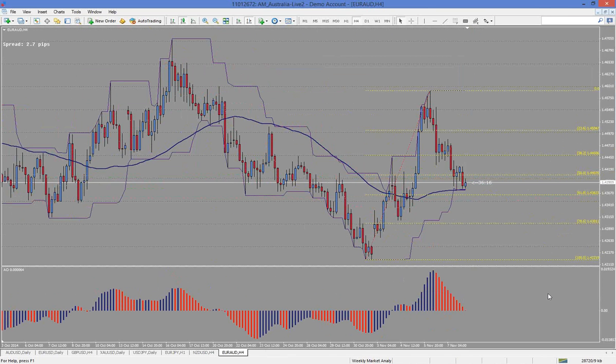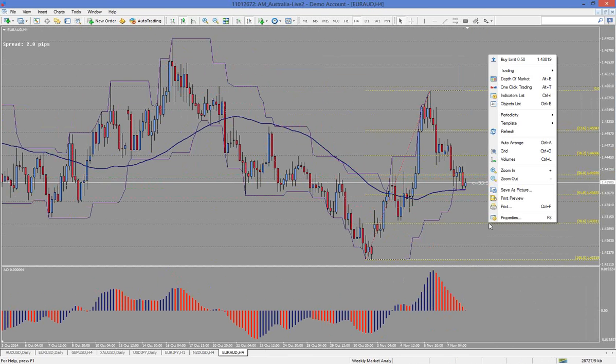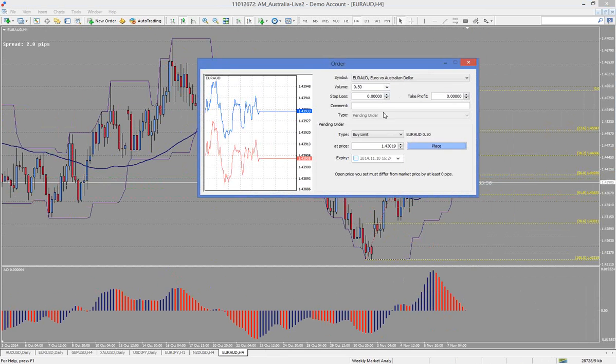143. Fantastic. And right now we're sitting at 143.90. So we're about 90 pips away. So this one's going to give us a bit of a scare. So I think this one may trigger. All right. So let's do it. Let's put it in. Buy limit. 143.